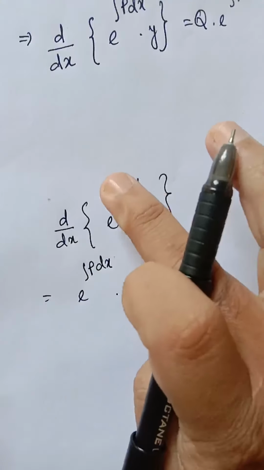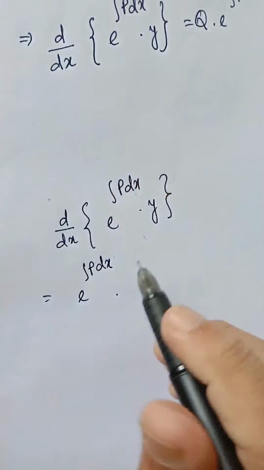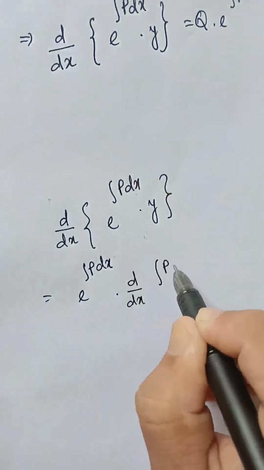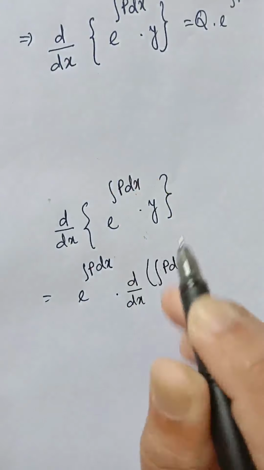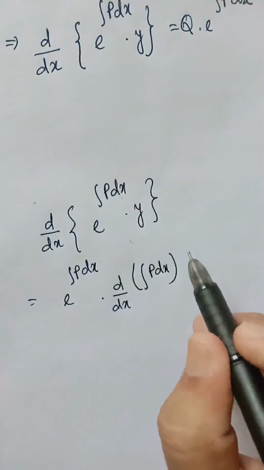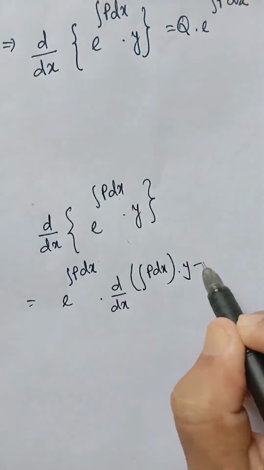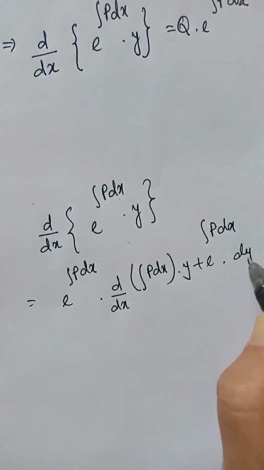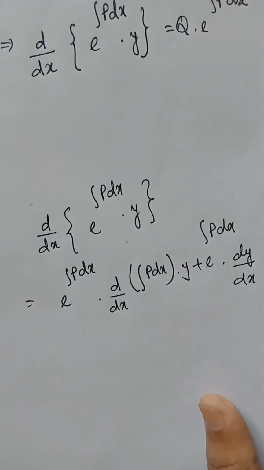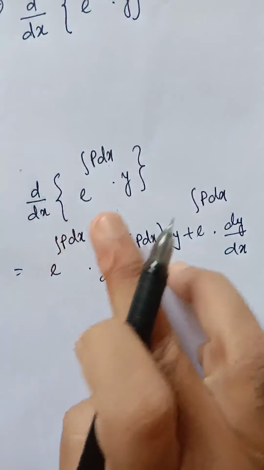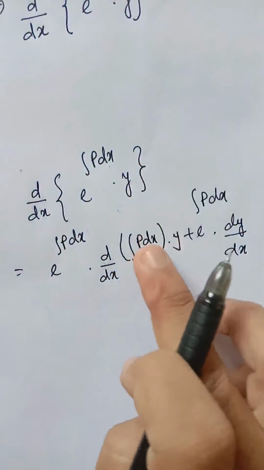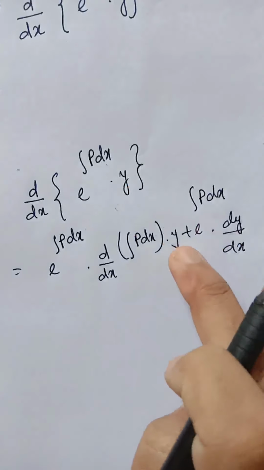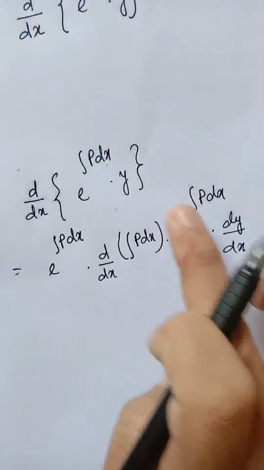But here we have considered this as x into the derivative of integration of p dx. This is the derivative of the first part, y unchanged, plus this part unchanged, and derivative of y. This is the product rule of derivative: derivative of first part, second part unchanged, plus first part unchanged, derivative of second part.